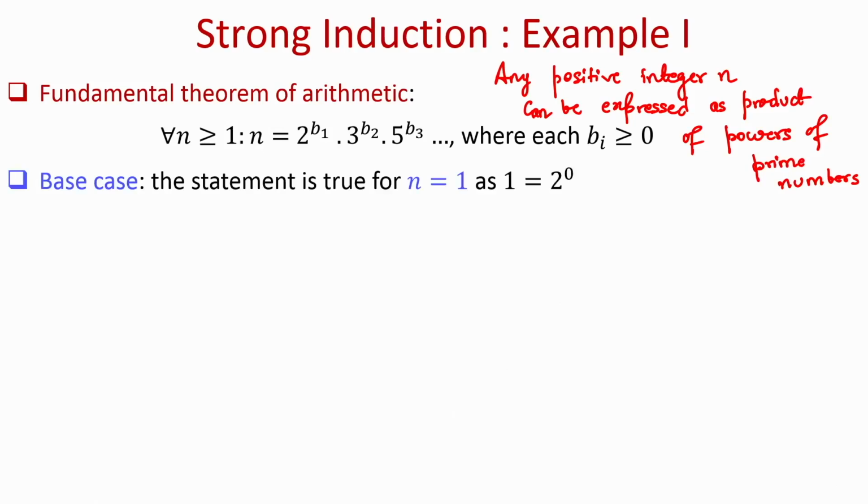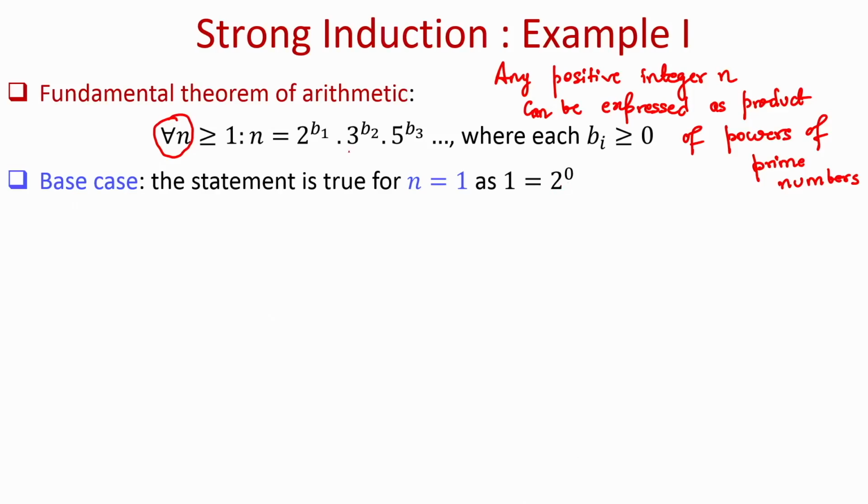Now we want to prove this statement, and we will prove this statement using induction, and we will be using strong induction. So, since this is a universally quantified statement, we have to prove a base case and we have to prove the inductive step. The base case is when n is equal to 1, and it is easy to see that if n is equal to 1, then 1 can be written as 2 power 0.